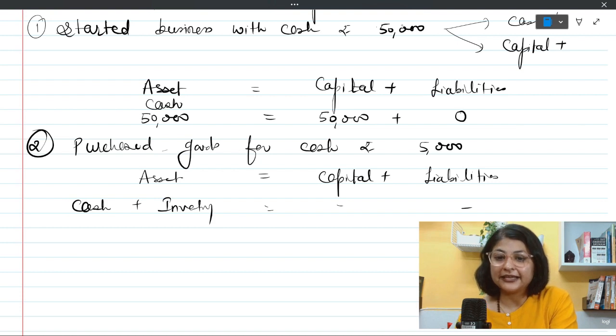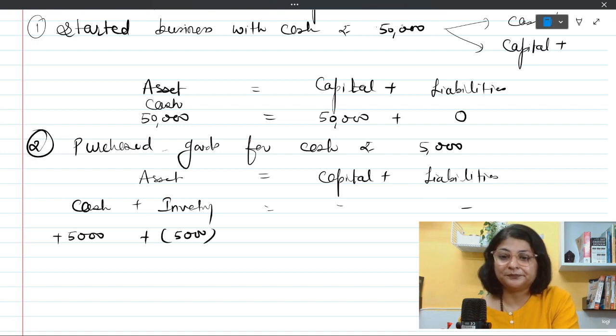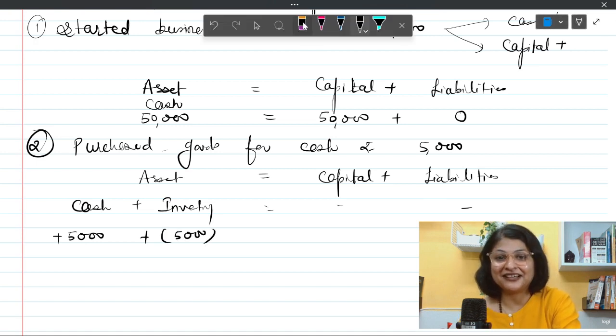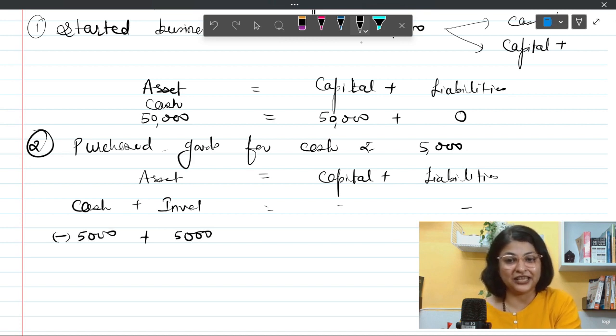On the one hand, I am adding 5,000 rupees in inventory and I am deducting 5,000 rupees from cash because I have to pay the cash and I have to receive the inventory. So it is 0 here and here also 0 because we haven't added anything. So the accounting equation is tallying.